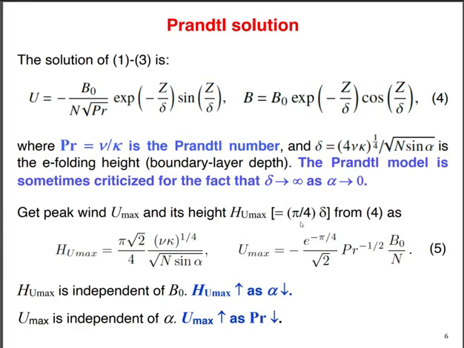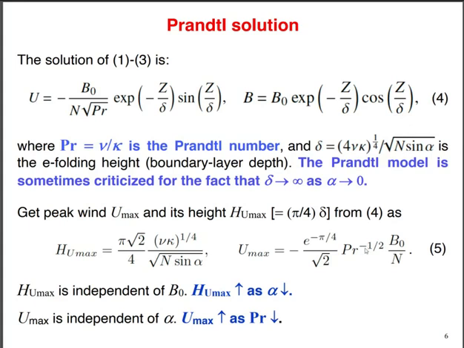First, the height of your wind maximum is proportional to the boundary layer depth. Okay, well, that's not surprising. The height of the wind maximum doesn't care about the surface forcing. Well, that's kind of interesting. But as we've mentioned, that height continues to grow as your slope angle gets weaker and weaker. Shallower and shallower, your boundary layer gets higher and higher.